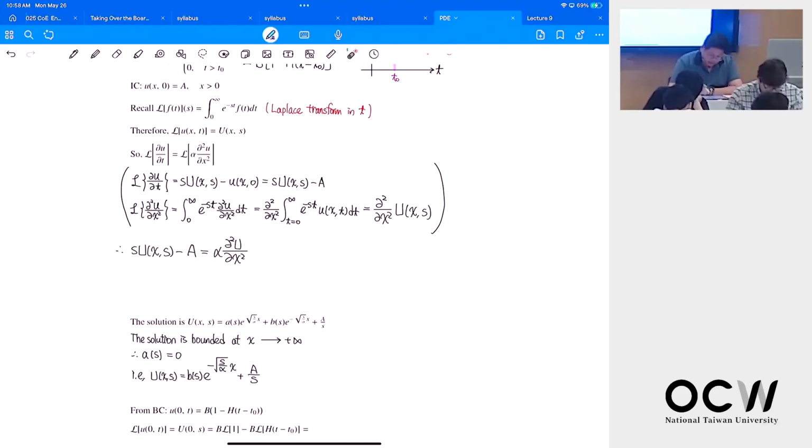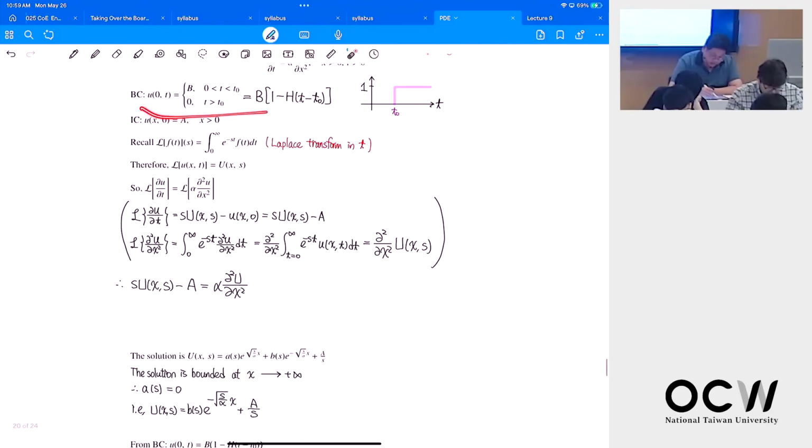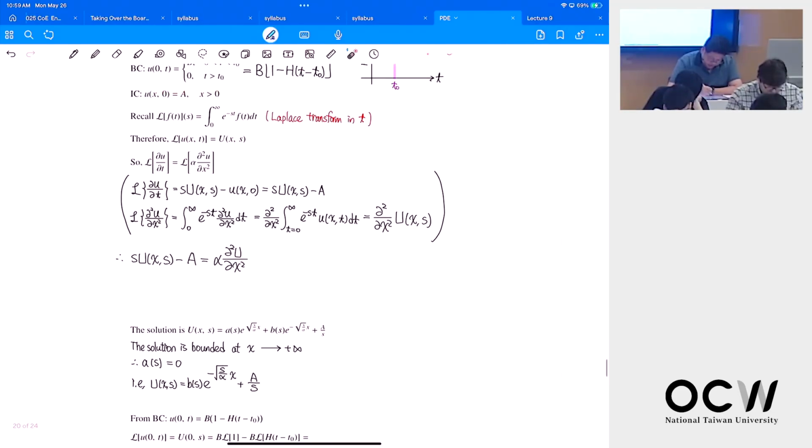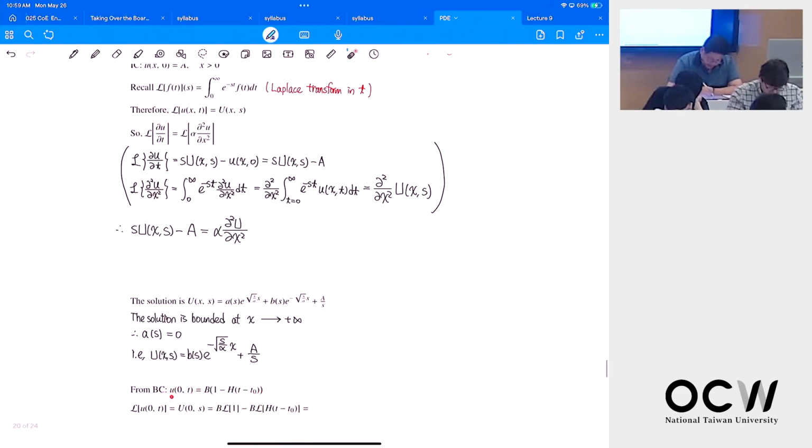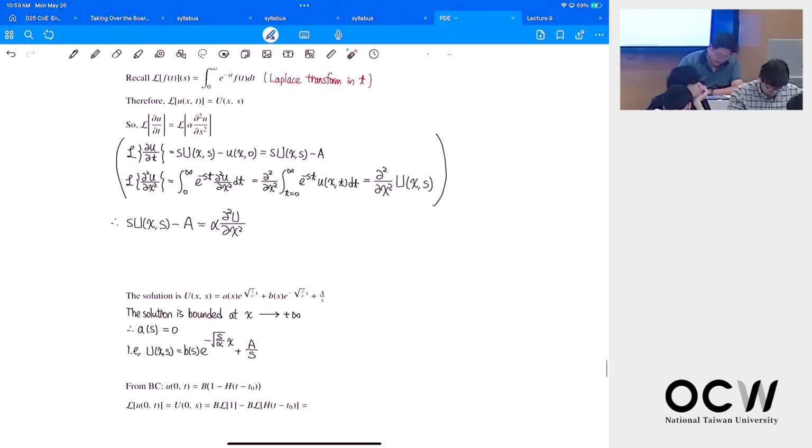And then let's see the boundary conditions. For this boundary condition, we also need to take the Laplace transform because the t will go to s. So here we have b, the constant or the magnitude, times the Laplace transform of 1, minus the constant or magnitude times the Laplace transform of your unit step function shifted by t naught.